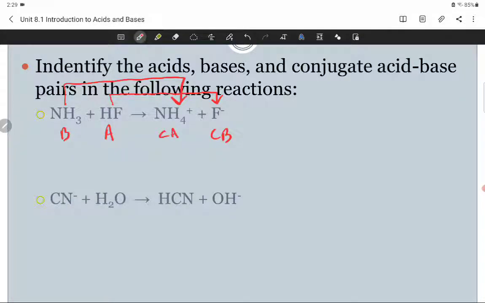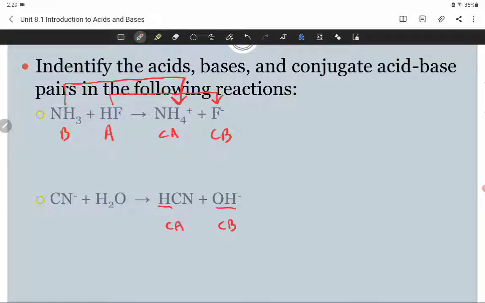They have to be one H positive different from each other. The one that has the one more H positive is the acid component. The one that has the one less is the base component. I think HCN would be the easiest one maybe to identify, although I guess OH minus is fairly easy to identify too. So conjugate base, conjugate acid.